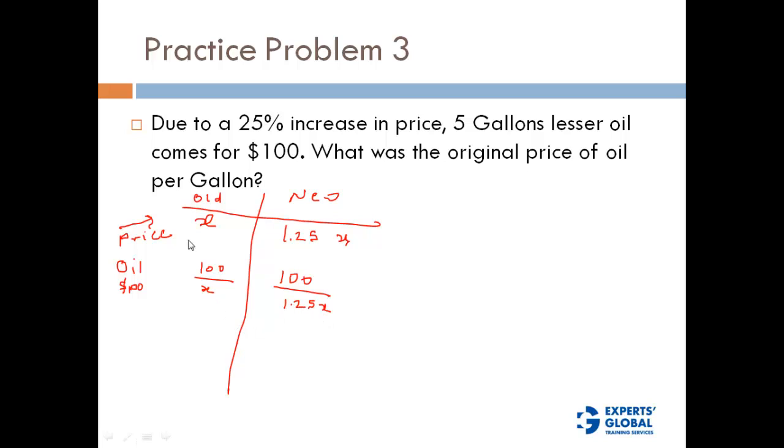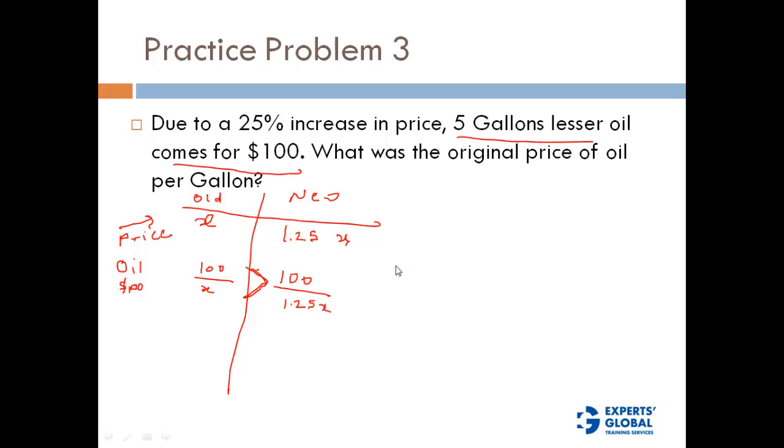Correct? Now the question says that 5 gallons lesser oil comes for $100. So that means, see, the price has increased. That means the quantity obviously will decrease. That means we are going to have this relationship. So 100 by X is going to be more than 100 by 1.25x, right? So what is the difference?